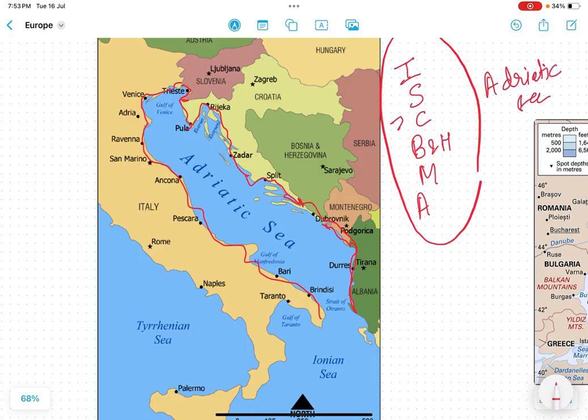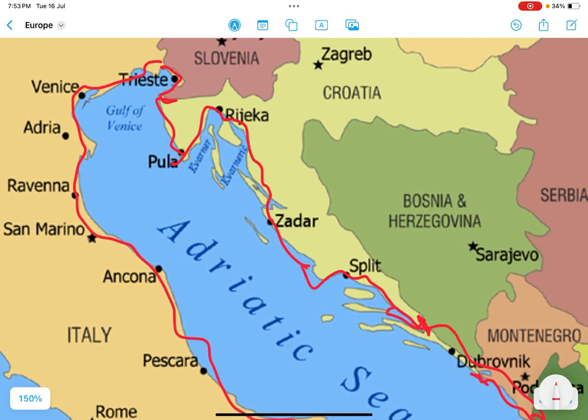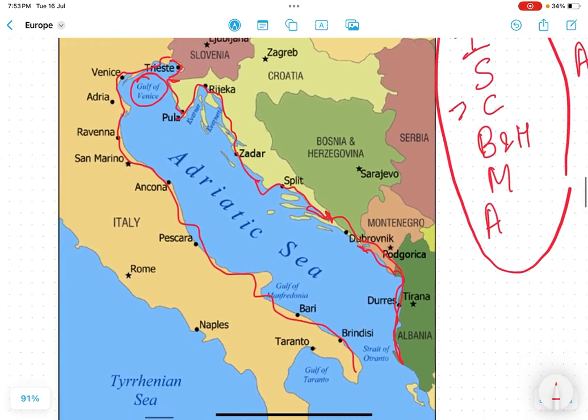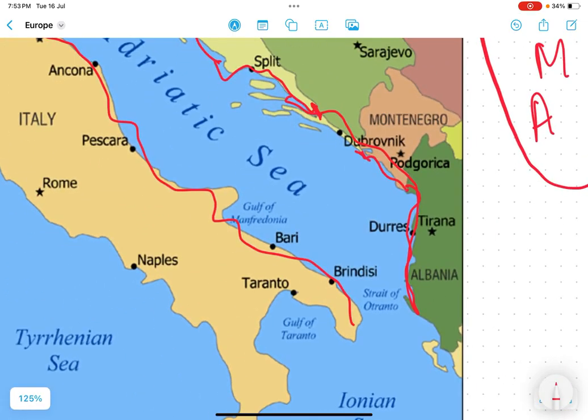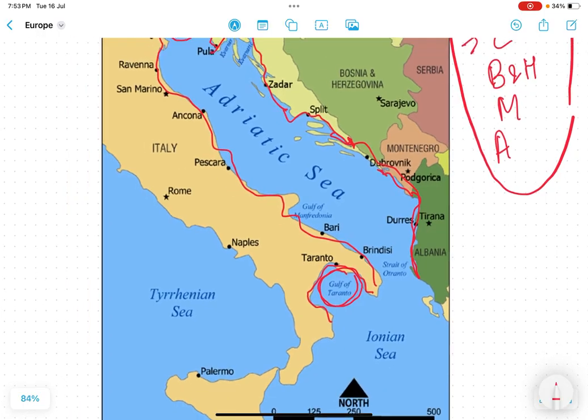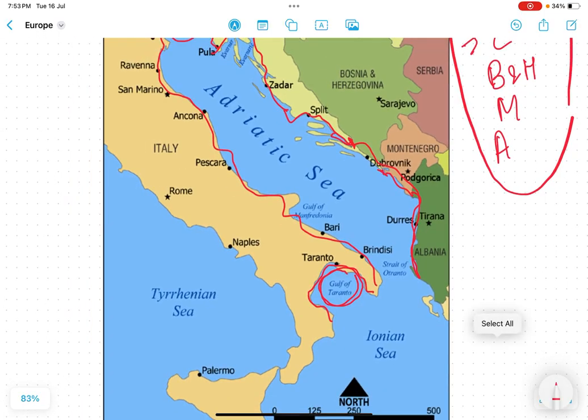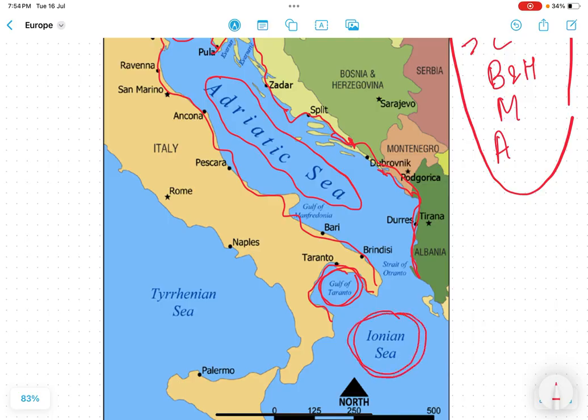Right? We have Gulf of Venice. If we go a little bit, this region is called Gulf of Venice. Then this part of Italy is called Gulf of Taranto. And the strait that connects Adriatic Sea to Ionian Sea is called Strait of Otranto.